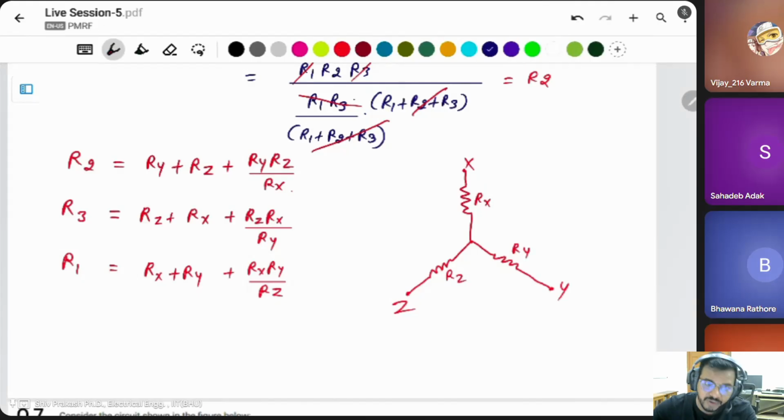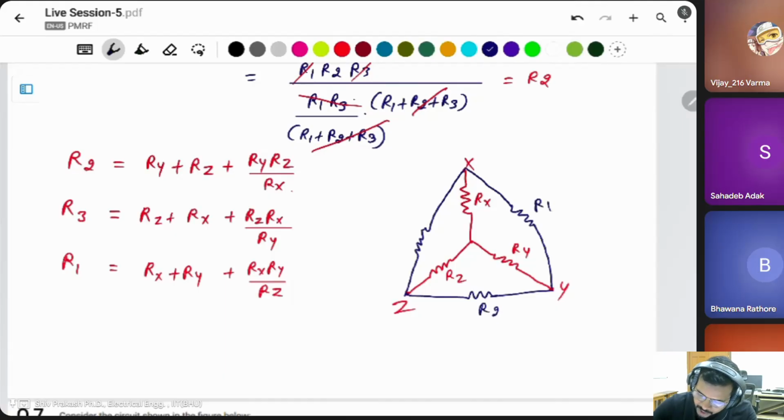If you want to convert this into delta, okay, this is R1, R2, R3: R1 is between x and y, R2 is between y and z, and R3 between z and x.